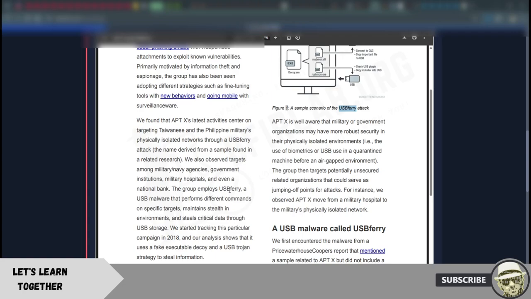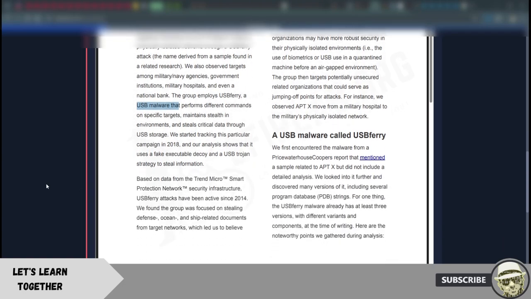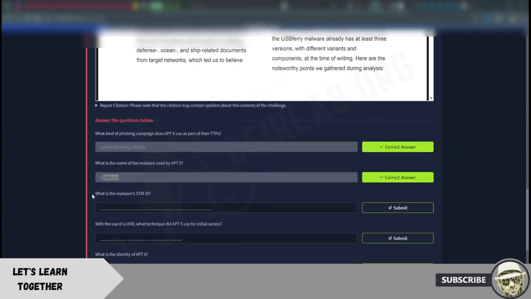The group employs USB malware that performs different commands on specific targets. Maintain stealth in an environment, steal critical data through the USB storage. So this is it. Now what is the malware's ID?